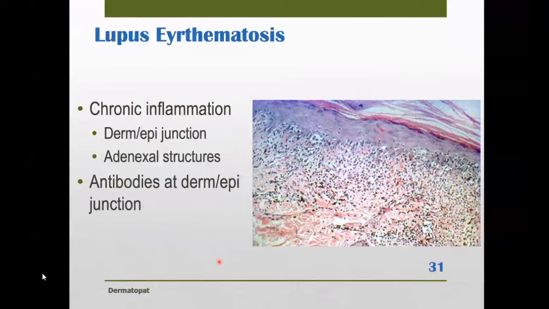So what we see in the skin in this case is chronic inflammation. It is lichenoid because it affects the junction between the epidermis and the dermis. And you can see antibodies at the dermo-epidermal junction. To see antibodies, you must do a special stain, immunohistochemistry or immunofluorescence.